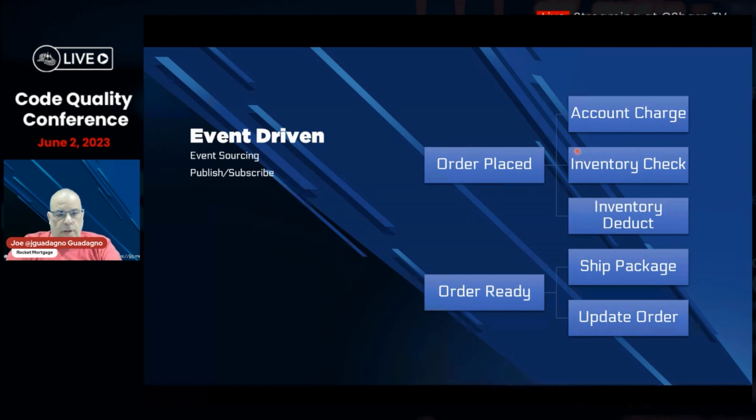Then I'm gonna go and check the inventory to make sure that we have pink socks available for Joe. And if we do, we're then gonna go and deduct said socks from the inventory. After that is done, we're then going to fire off another event saying, hey, the order is ready, which is this one here. Now that the order is ready, I'm going to go and ship the package and then update the order.